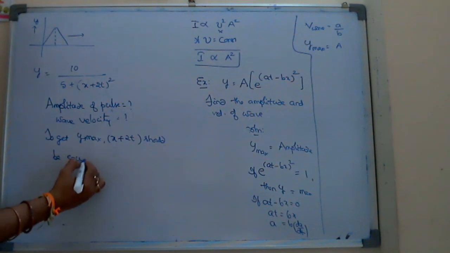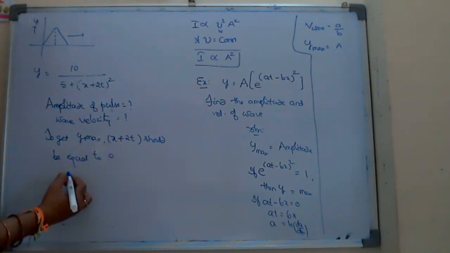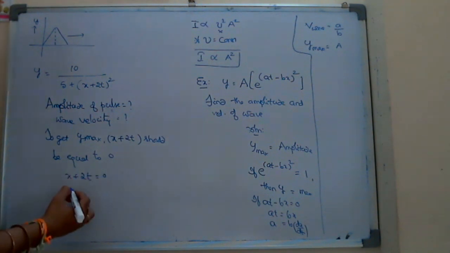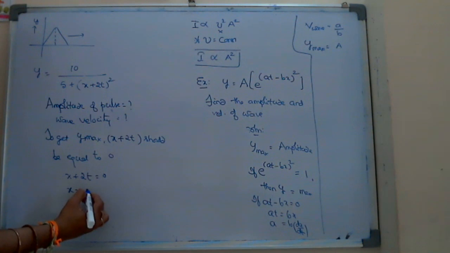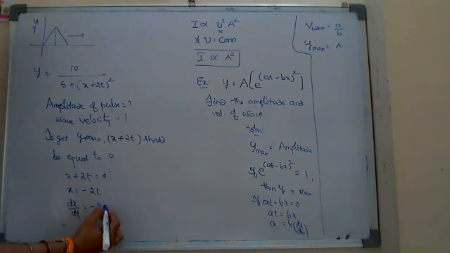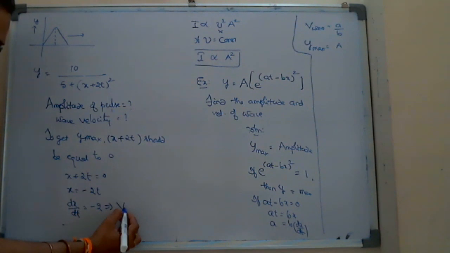Should be equal to 0 means simply x plus 2t equals 0. Then I write x equals minus 2t. I think you remember, you can understand from here. If I differentiate this equation, dx by dt equals minus 2. That implies dx by dt, the velocity of wave, is equal to minus 2.